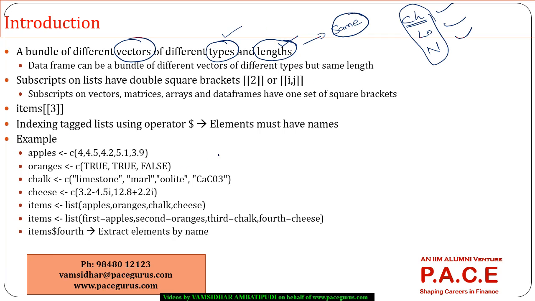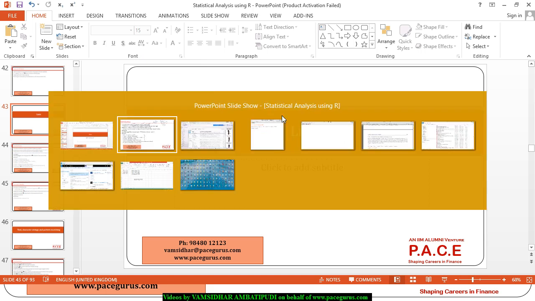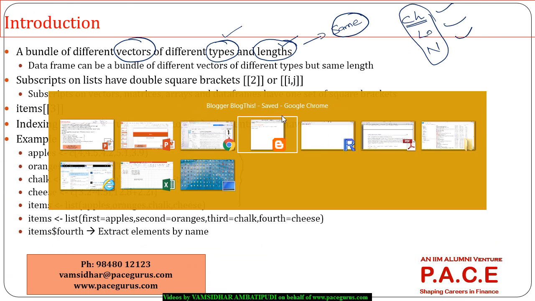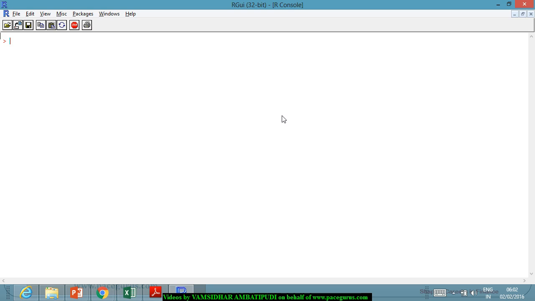So let me create a few vectors A, B, C, D with different kinds of variables. Let's say I am creating a vector A containing just numbers 1 to 5. I'll create another vector B which contains some text: K, L and M. Only 3 characters.